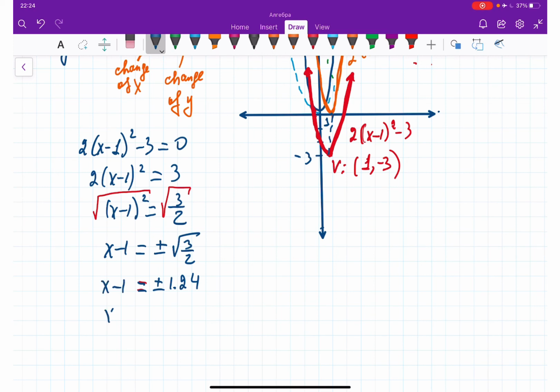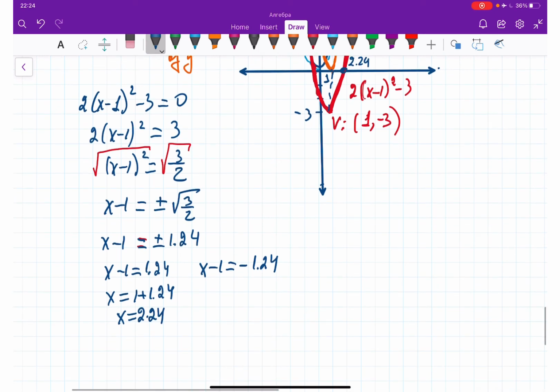From here, x minus 1 is equal to positive 1.24 and x minus 1 is equal to negative 1.24. So from this one, 1 plus 1.24, x is equal to 2.24, which is going to be this position.